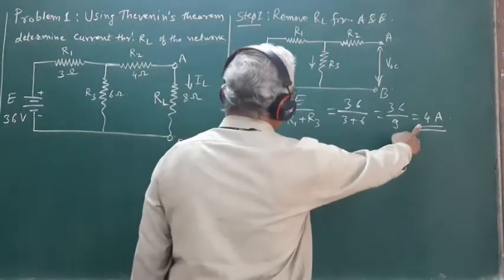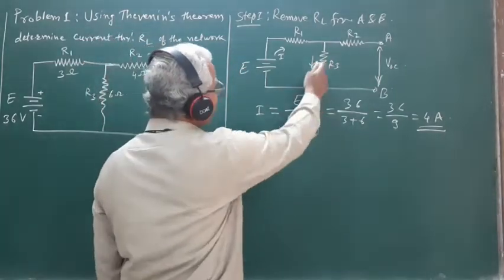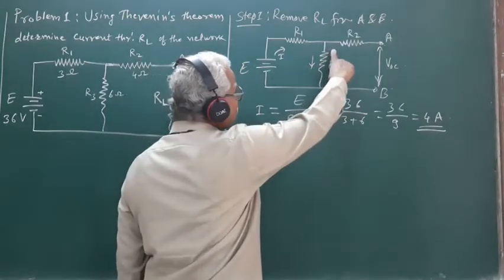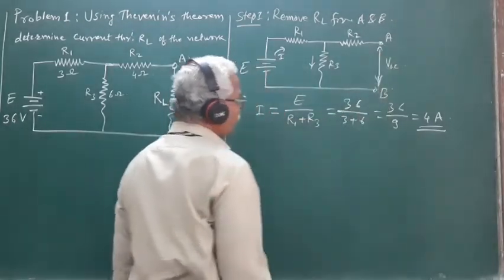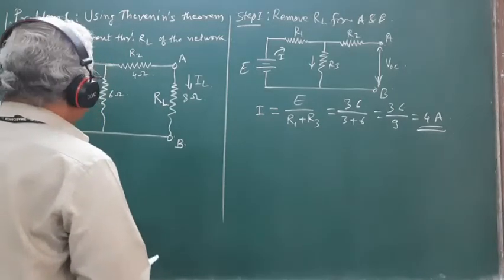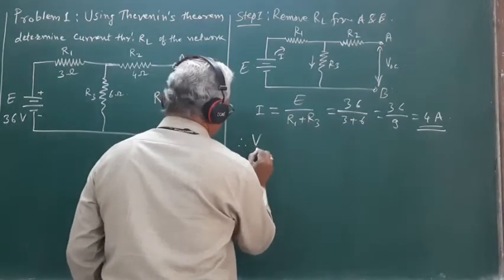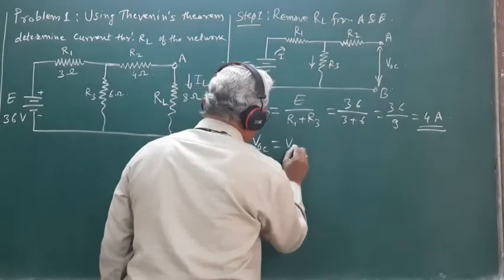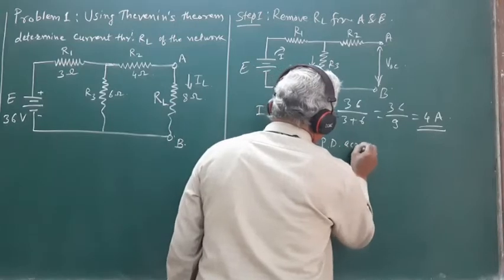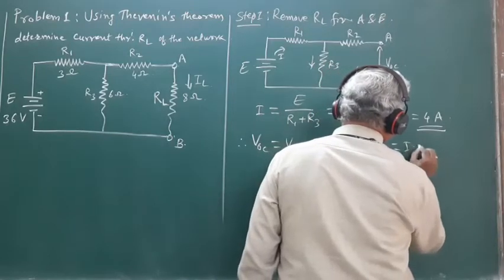This current of 4 ampere will flow through this resistance R3, and whatever potential difference is produced across R3 is nothing but the open circuit voltage across the terminals A and B. This R3 is a 6 ohm resistor, therefore VOC, that is VAB, is equal to the voltage across R3, which is I into R3.